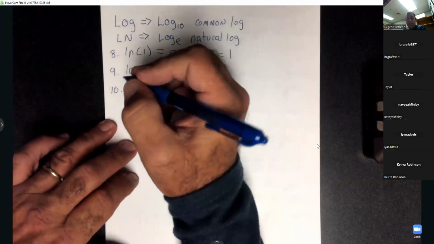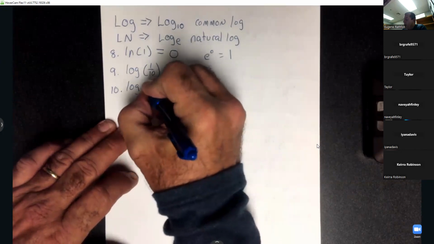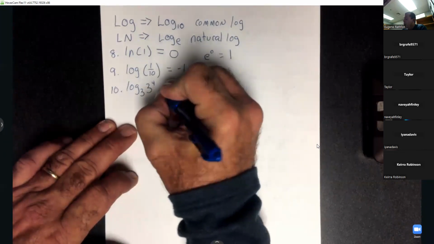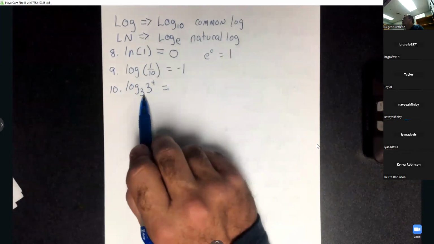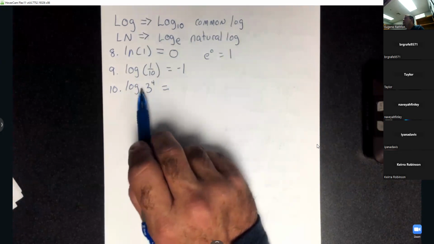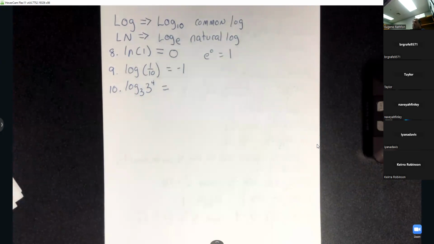All right, y'all. Do this. Log base 3 of 3 to the 4th power. So what exponent would I raise 3 to get a result of 3 to the 4th? And y'all check this out.